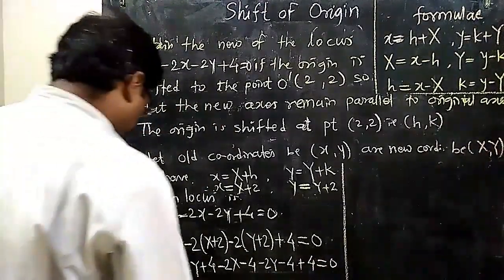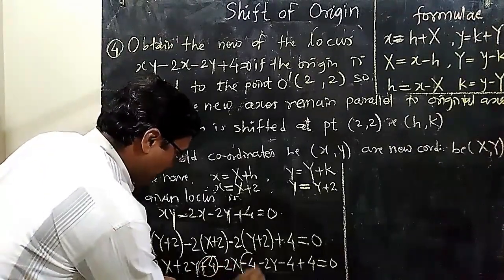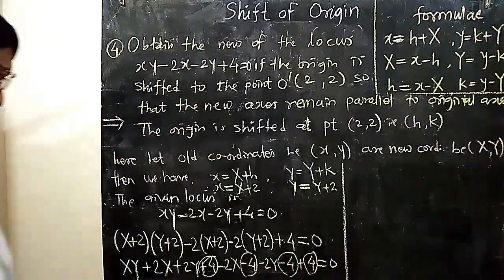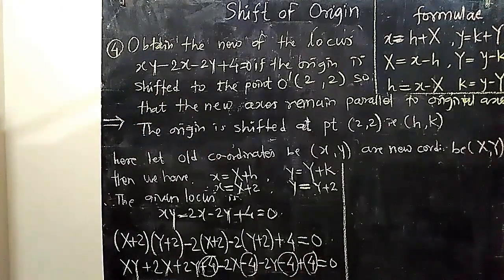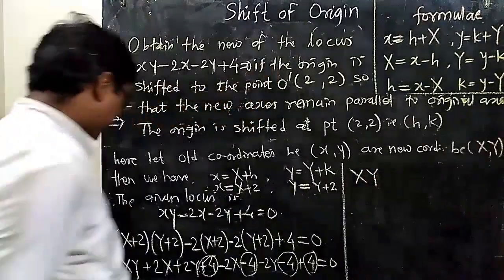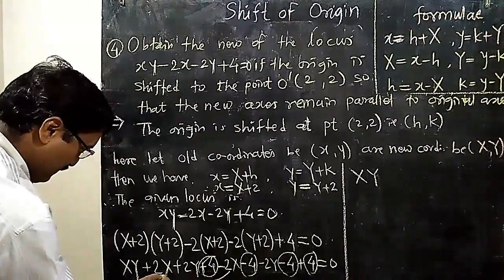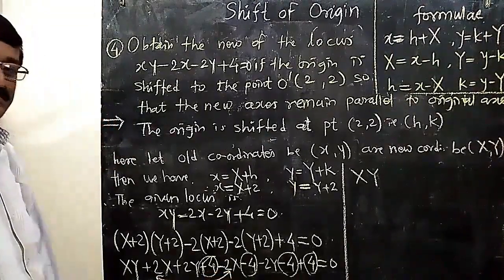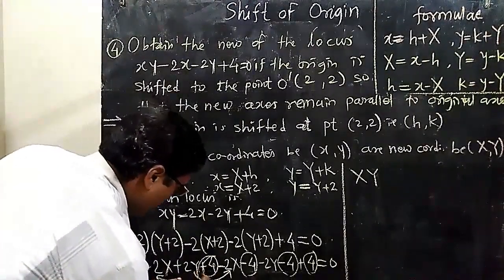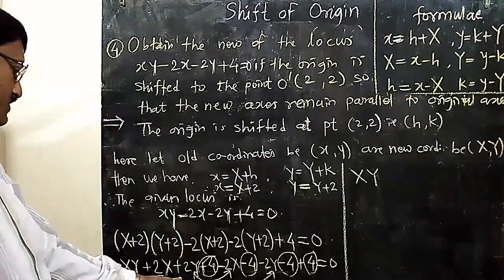If you observe here, then this plus 4, minus 4, minus 4 and plus 4 constants get cancelled. Remains xy, this plus 2x and this minus 2x, they get cancelled with each other. This plus 2y and this minus 2y, they also get cancelled with each other because both terms are of opposite signs.